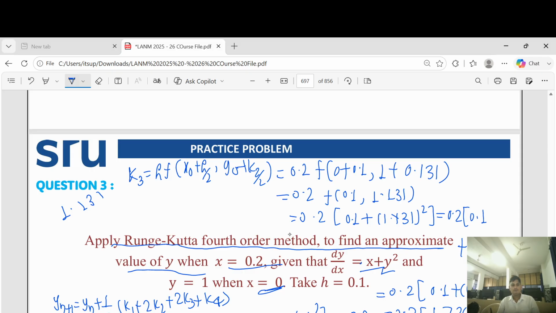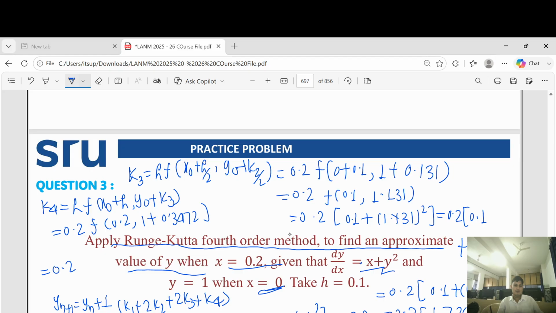Now we evaluate k4. The k4 value is h f of x naught plus h comma y naught plus k3. So 0.2 f of 0 plus h, which is 0.2, comma y naught, 1 plus k3. K3 is 0.3472.